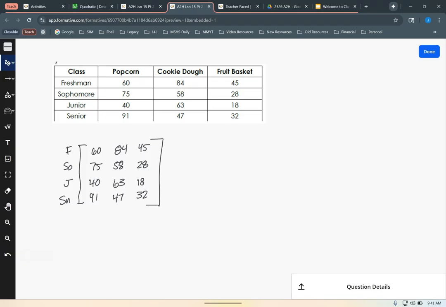All right, now we want to come up with some matrix multiplication here. And we want to calculate, in the end, how much money did they make, right? So do they make $10 on every bag of popcorn they sell? They do.